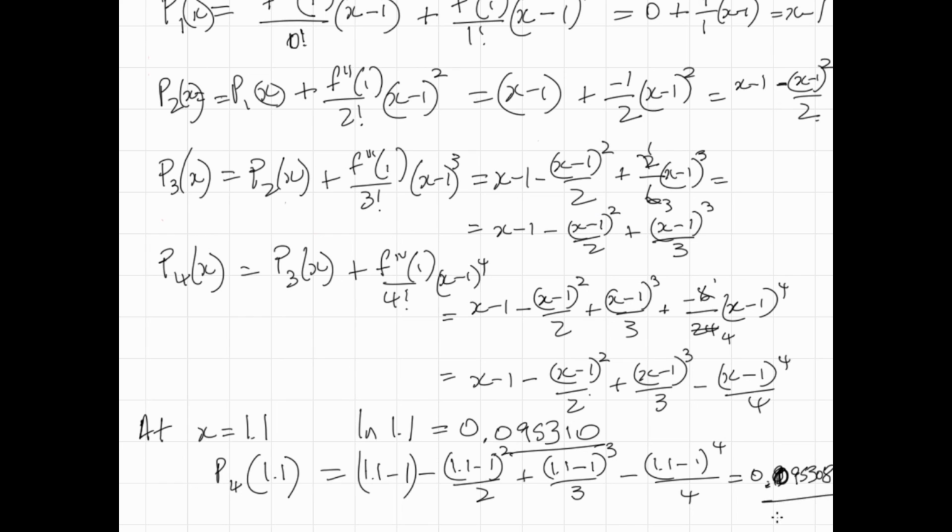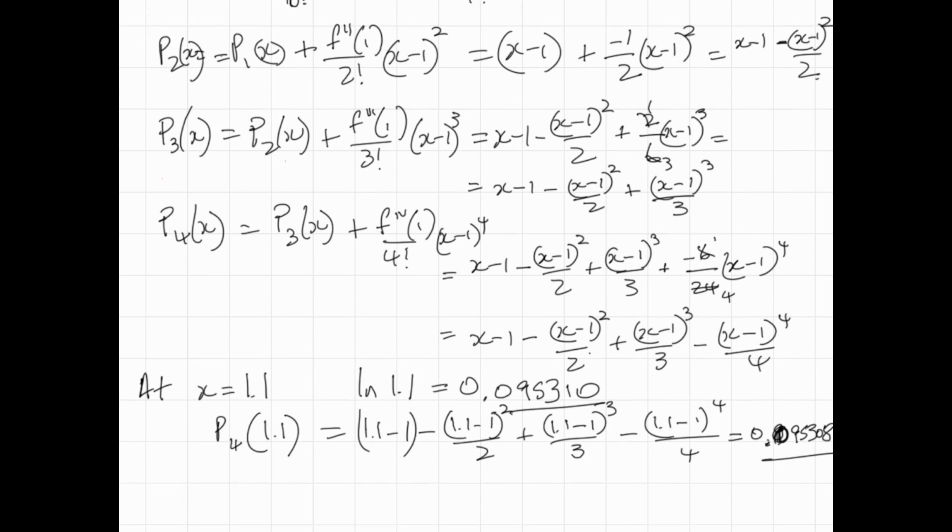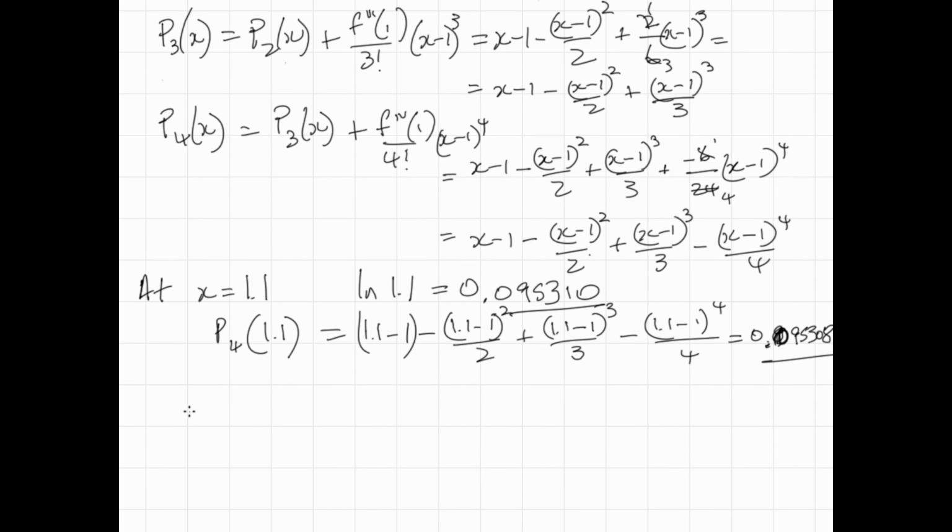Pretty close. So not too far out, because we've taken a point that's very close to our A value. A was equal to 1, so 1.1. What happens if you take a value away?